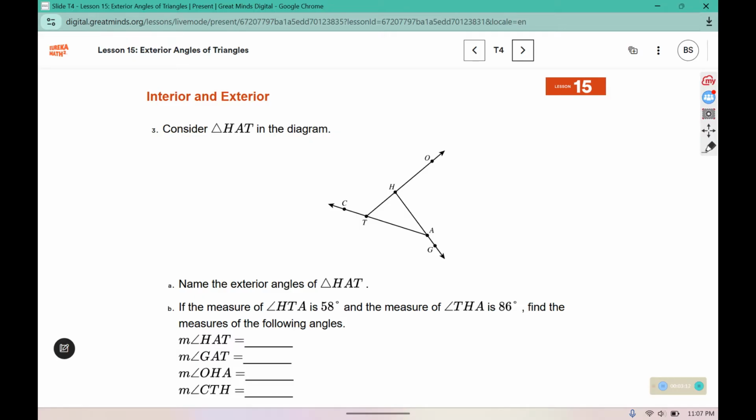Consider the triangle HAT in the diagram. Name the exterior angles of triangle HAT. Well, I have 3 exterior angles here. Remember, we label the angles using the letters coming off of it. So we have O, A, and H in the middle.